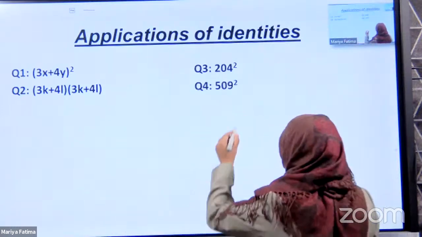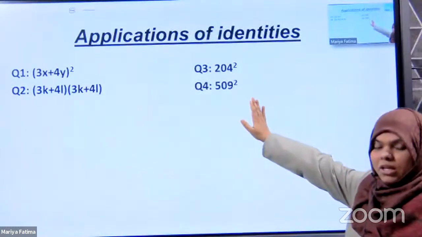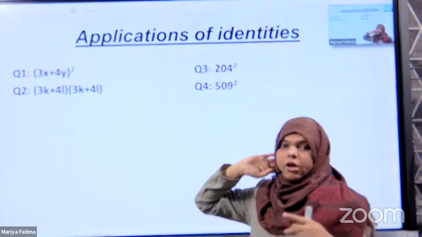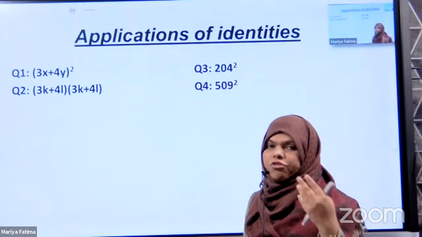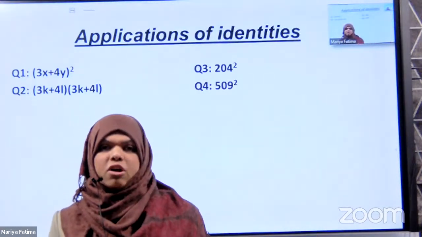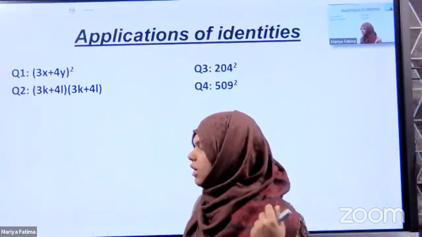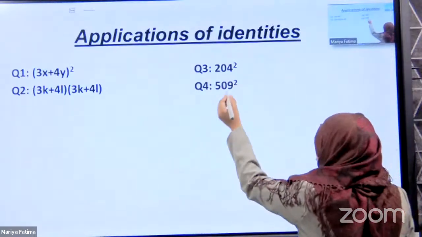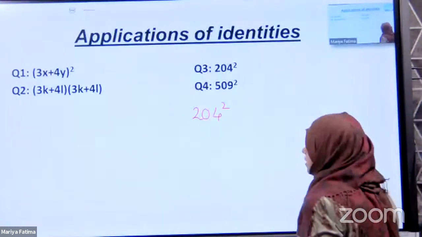Now in questions like this, we can also apply the identities. If you have to find 204 square, what do we have to do? We have to multiply 204 into 204. It will take so much time that we cannot do this calculation quickly. So to overcome that problem, we can use the identity here. 204 square is given.